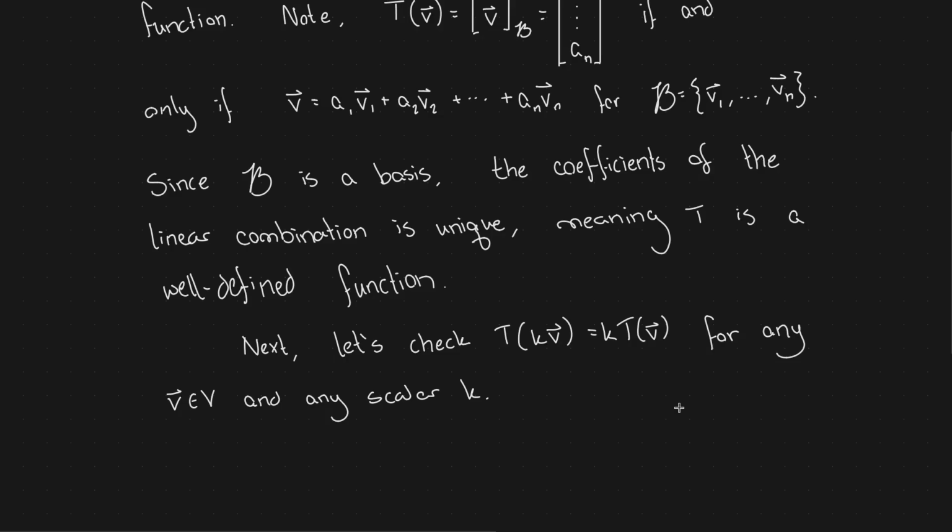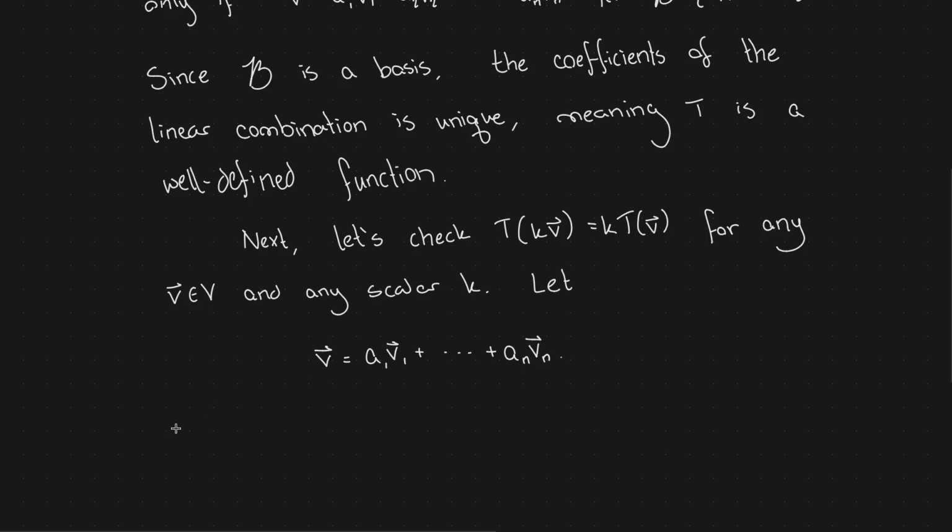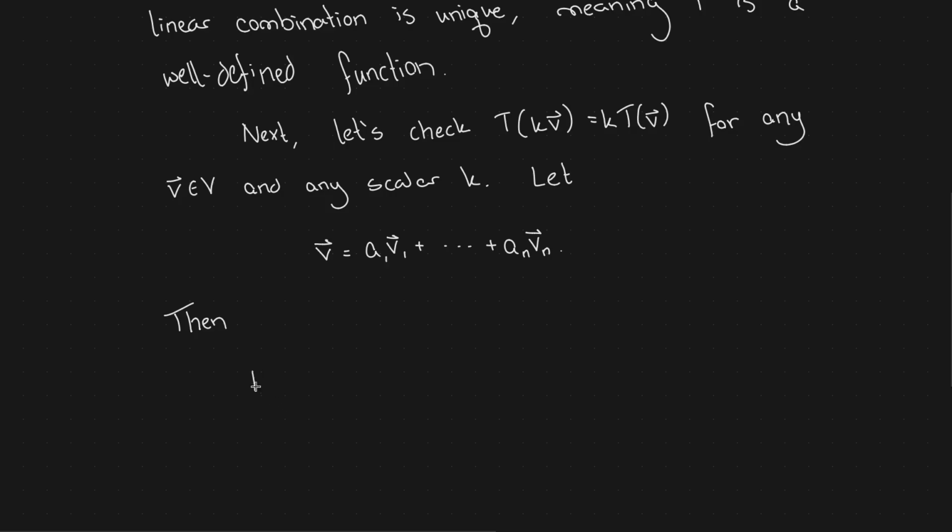All right? So let's let v be this particular linear combination of the basis vectors. Then the transformation of k times vector v is going to be the transformation on k times, and I'm just going to swap out v with its linear combination of vectors here, a1 v1 plus dot dot dot plus an vn.